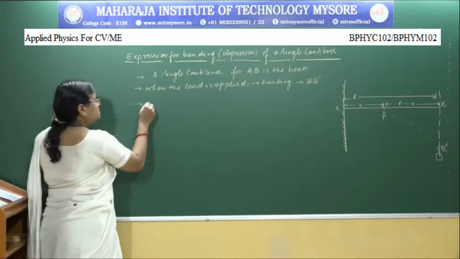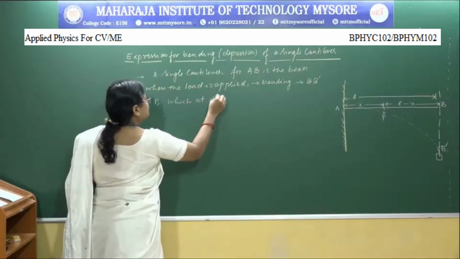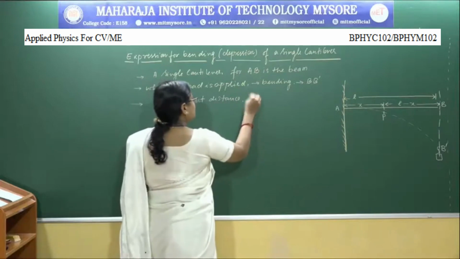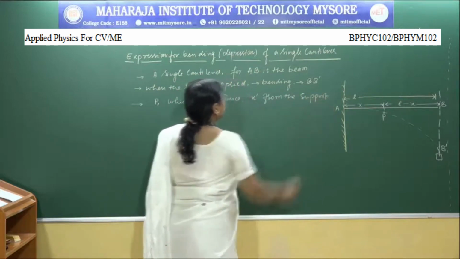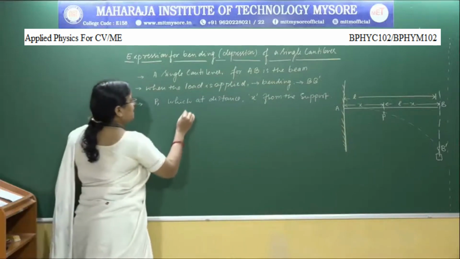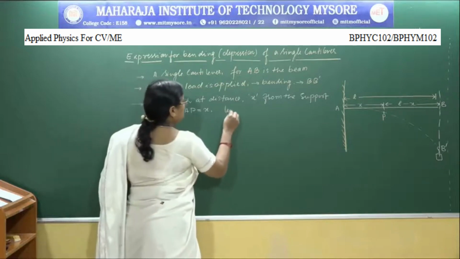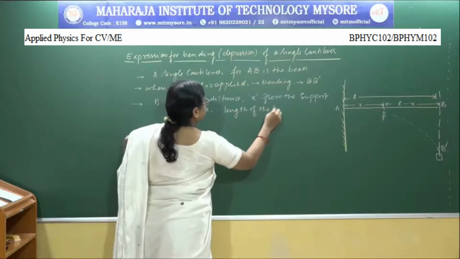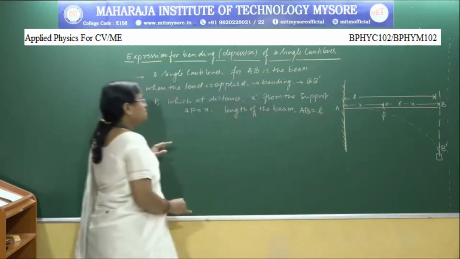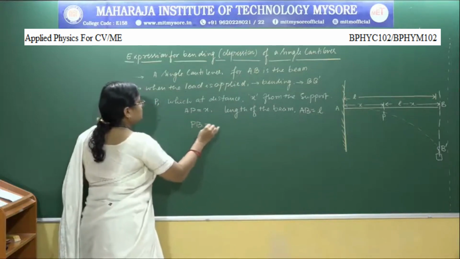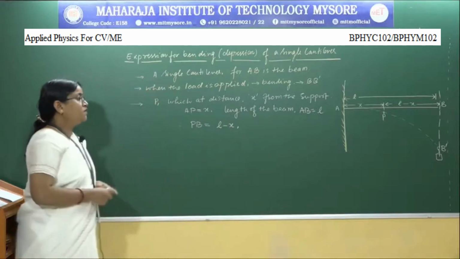Next, we have considered a point P which is at a distance x from the support, that is from the fixed end. So as AP is equal to x and the length of the beam, as already said, AB is equal to L, therefore PB will be equal to L minus x.